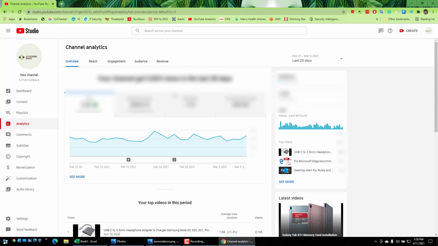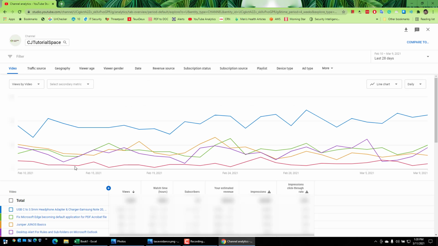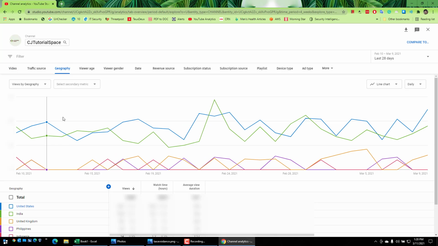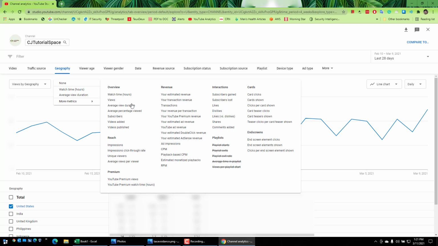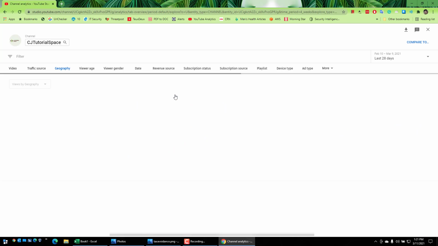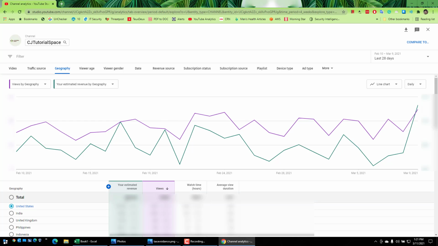Now if you click on See more, click on Geography, click on United States, and second, click on More metrics. Then you can click on Estimated revenue. So you will see your revenue here, and this is going to provide you the perspective as to how much tax you would be paying once you have furnished the tax information to the IRS in the United States.